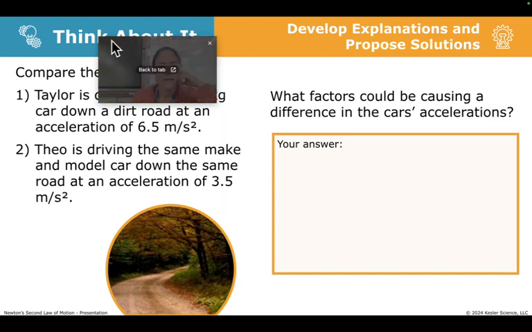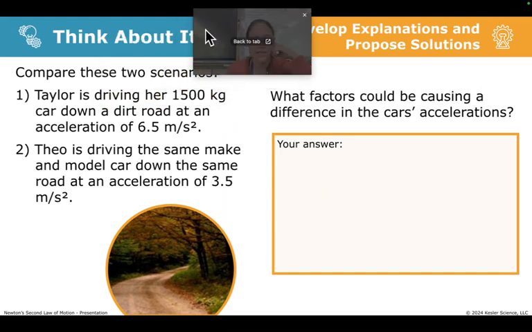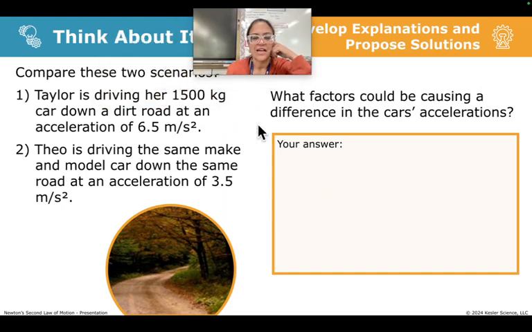Okay, so let's do these. Taylor is driving her 1,500 kilogram car down a dirt road at an acceleration of 6.5 meters per second squared. What is it asking? What factors could be causing a difference in the car?